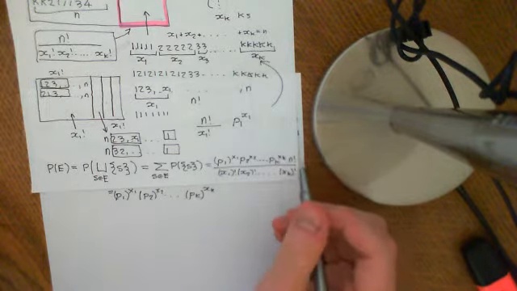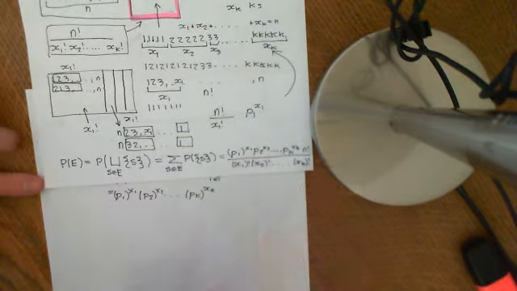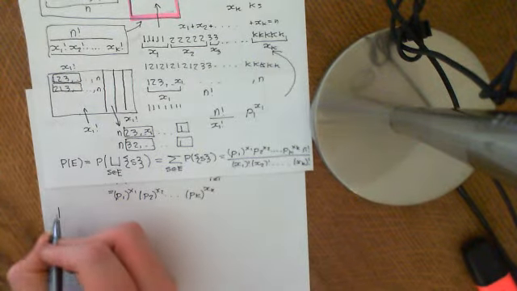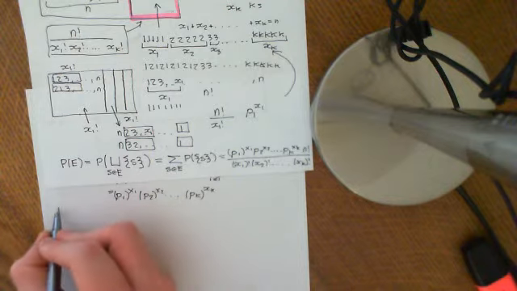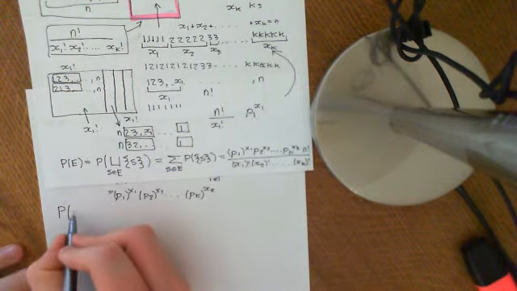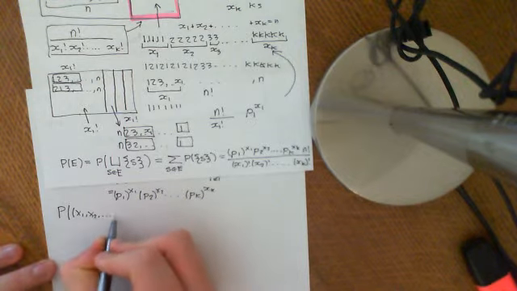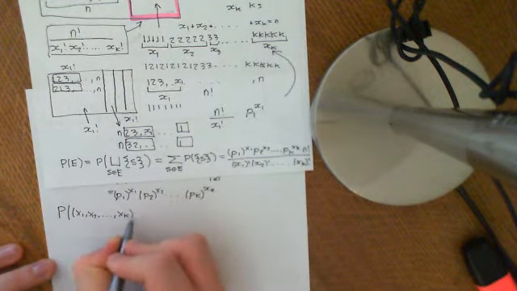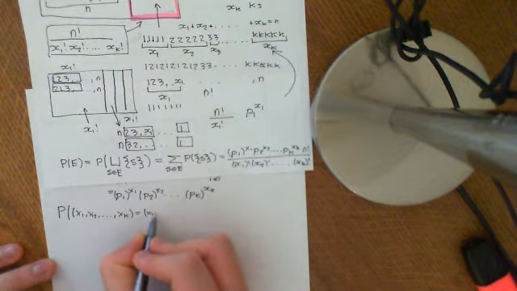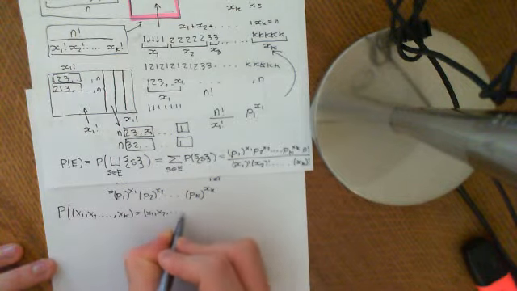Okay, so a very swish way of writing this is, if we write it out again, the probability of the vector X1, X2, all the way up to Xk, equaling little x1, little x2, all the way up to little xk.